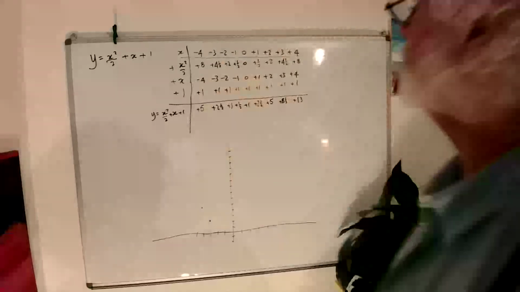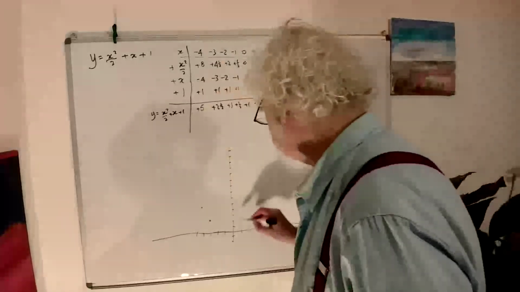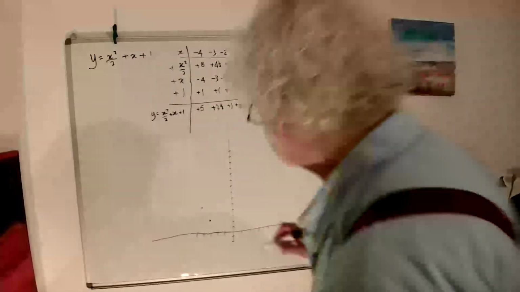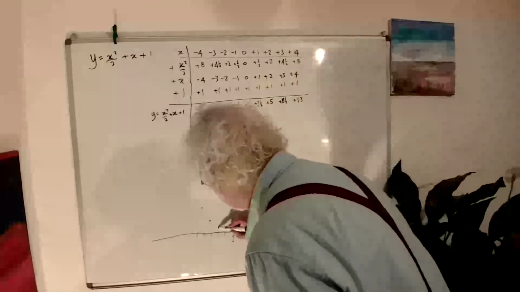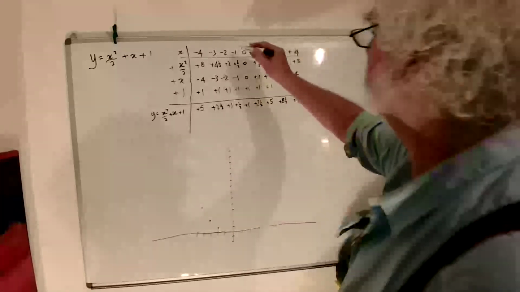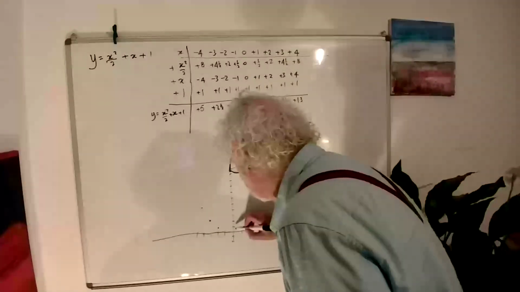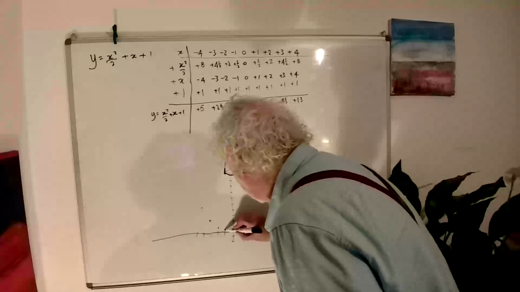When x equals minus 2, it's 1. Really? Yeah. So that would be there. When x equals minus 1, it's a half. So that would be there.